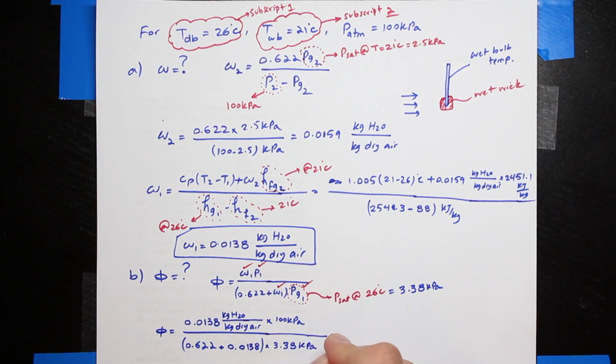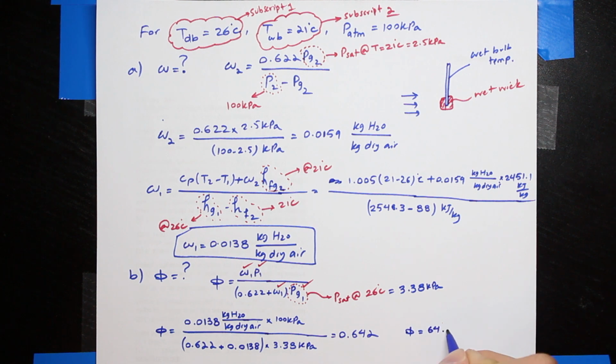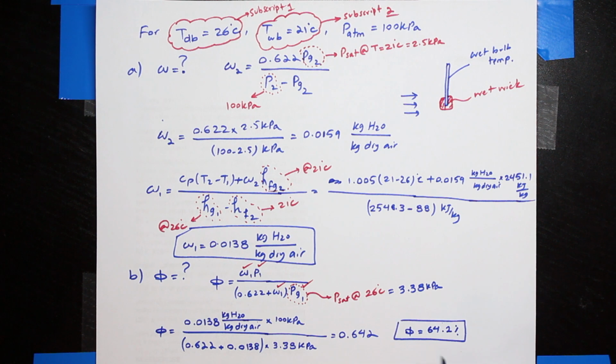All right, and that gives you a relative humidity of 0.642. Or if you want to report the relative humidity in percentage, that is probably more common, is 64.2%. All right.